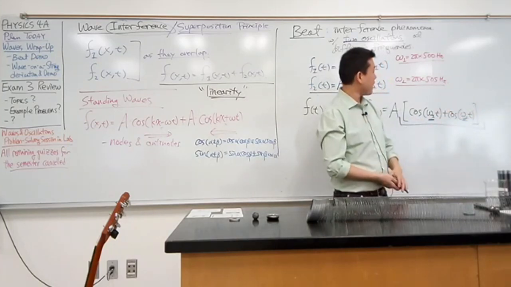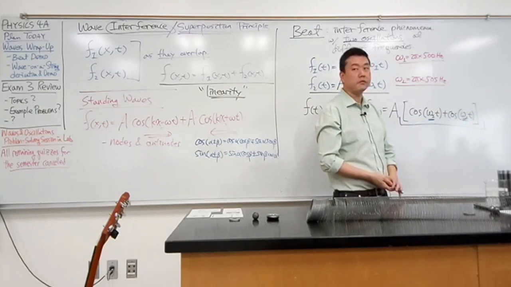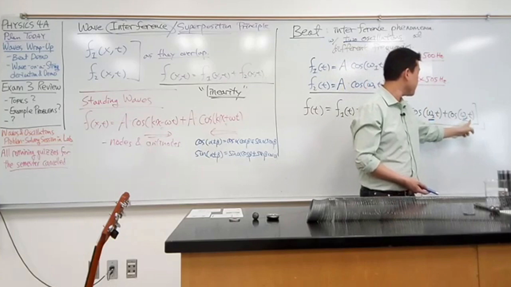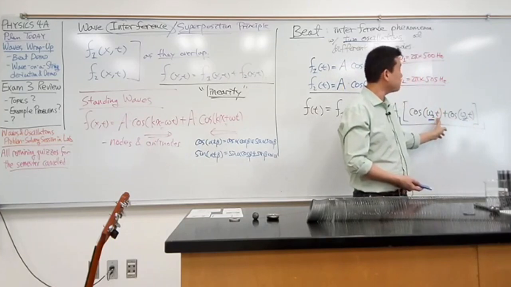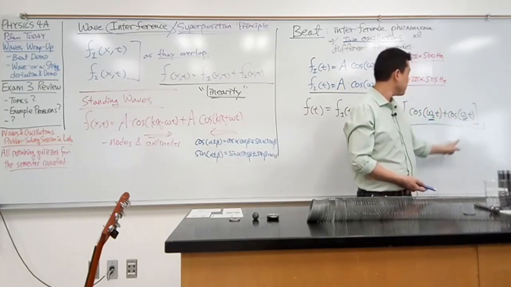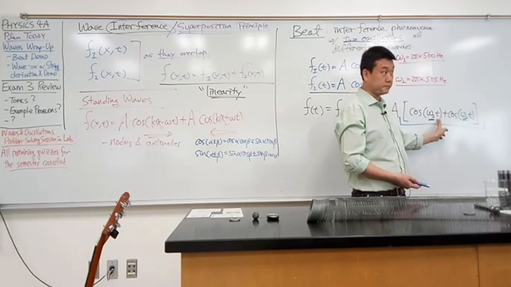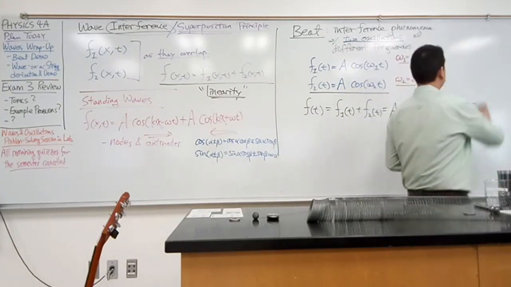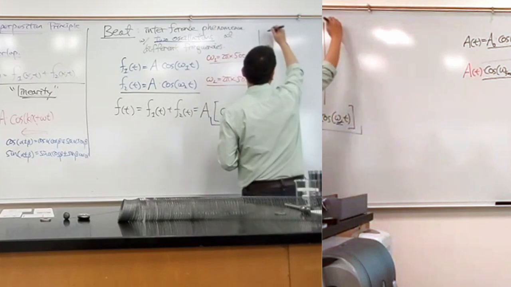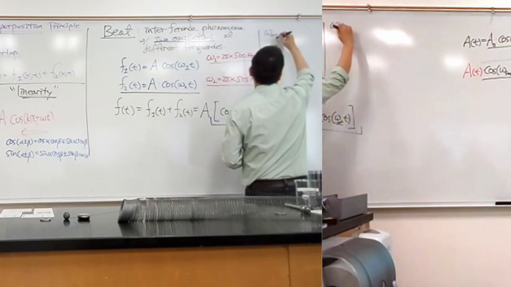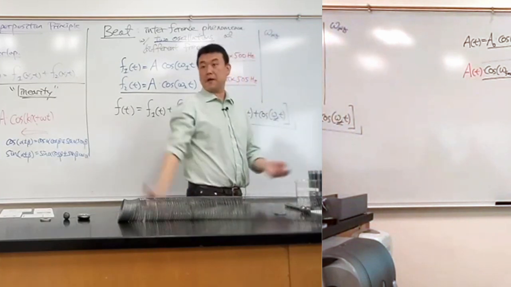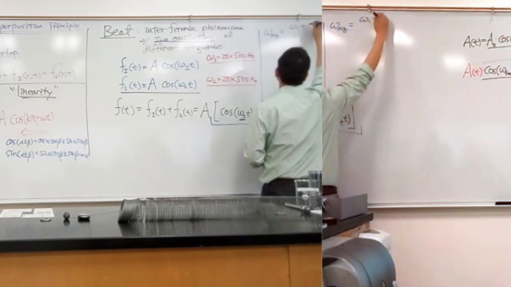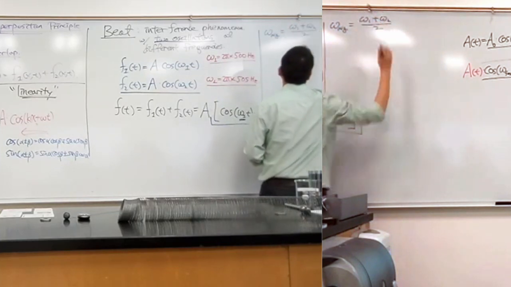So the very first thing I'm going to do is redefine two quantities so that I can express this as an addition and subtraction. This you just kind of have to know. I'm going to define an average angular frequency, the way you would expect an average to be: omega average equals omega 1 plus omega 2 over 2.